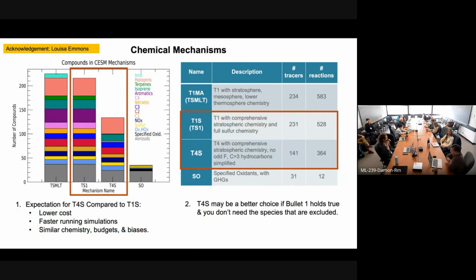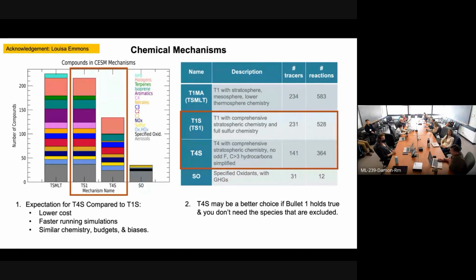So the two chemical mechanisms that I'm comparing are T1S and T4S. T4S is basically a simplified version of T1S with fewer reactions and a few fewer species included.